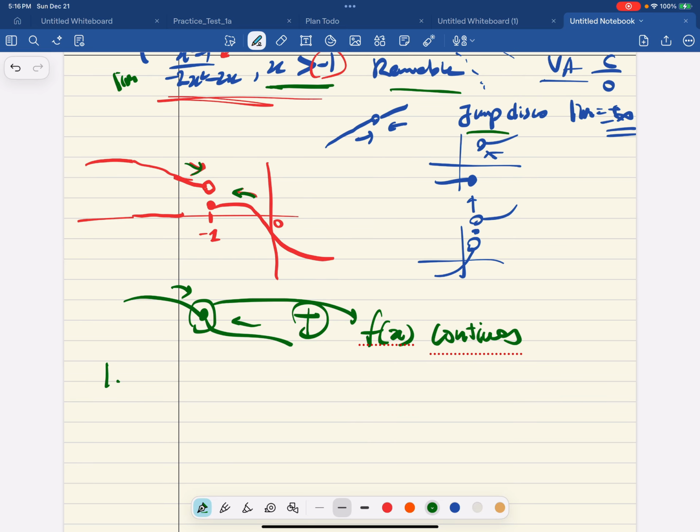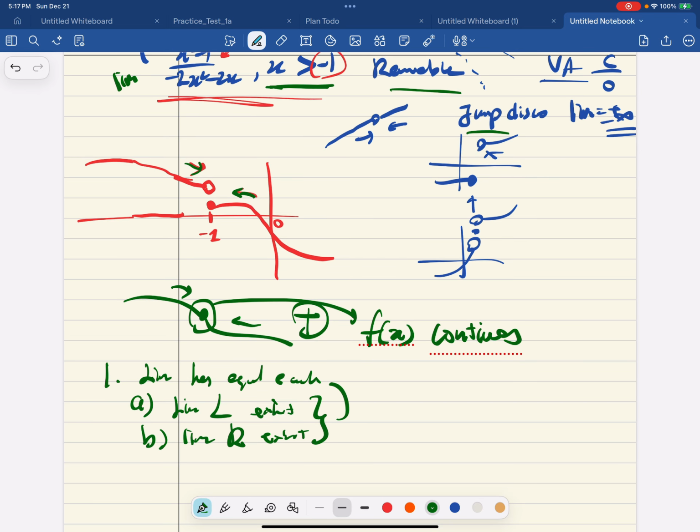So I'll repeat, one limit has to be equal to each other, which actually teachers break down into 2 steps. A, limit from the left, B, limit from the right exists. They both exist, and that they are equal to each other.